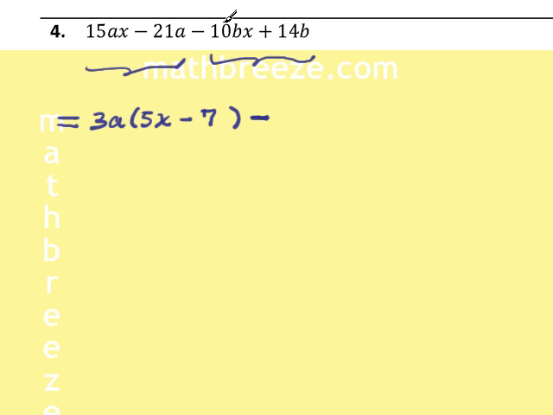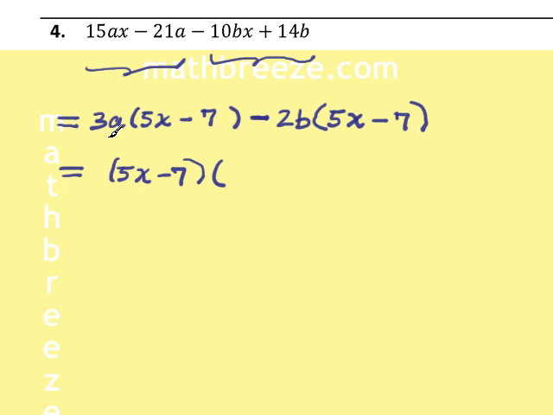We can pull out 2b. So factor 2 from 10, and we're left with 5. And we pulled out the b, so that would be 5x. Pull out negative 2b from 14b, and we're left with negative 7. Again, when you multiply back that second term, minus 2b times minus 7 is plus 14b. All right, put the common factor of 5x minus 7 in front, and what's left is 3a minus 2b for the parentheses.